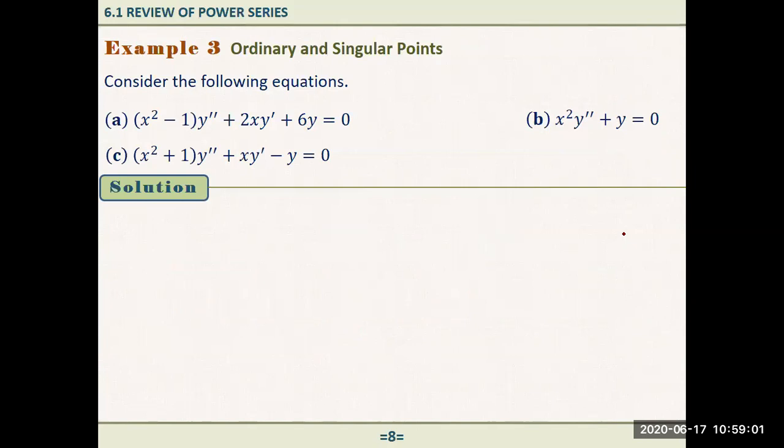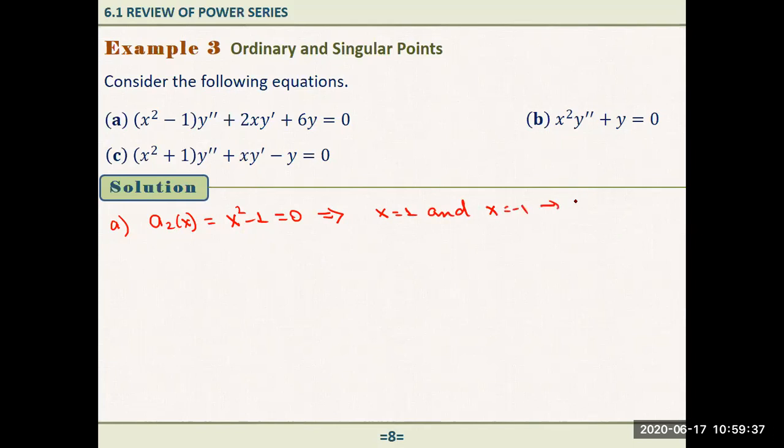Consider the following equations. In the first one, a sub 2 of x is equal to x squared minus 1. So what are the ordinary points and what are the singular points? If it is equal to 0, this gives us singular points. So here we have x equals 1 and x equals negative 1.